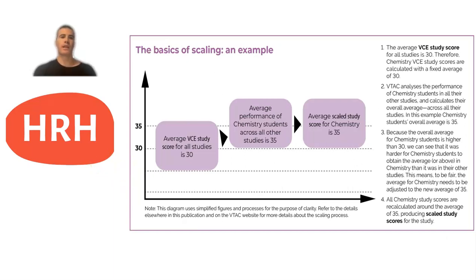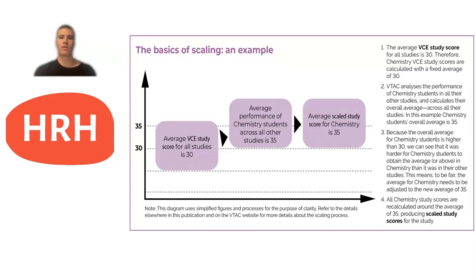You can see here on the graph, at the first point, the average VCE study score for all studies, and that's 30. What VTAC then does for a particular subject such as chemistry is analyze the performance of chemistry students in all their other VCE subjects and calculate their averages in those subjects.